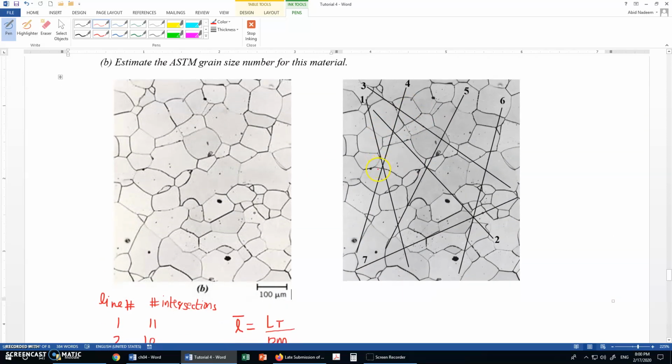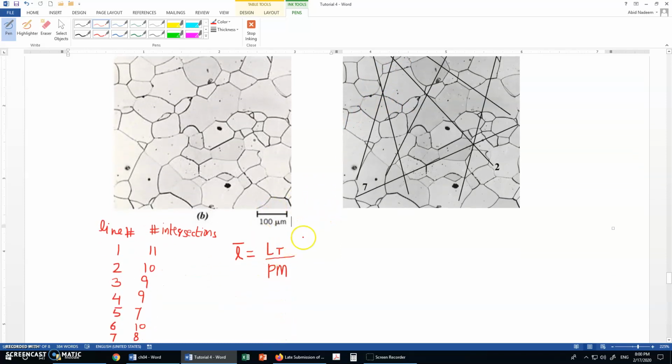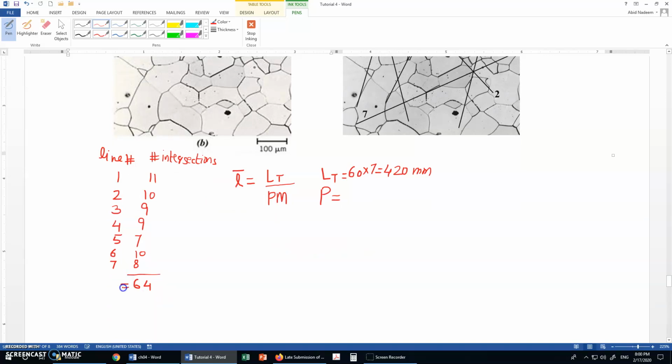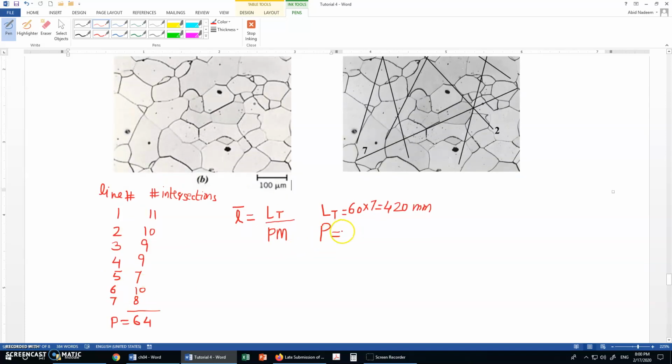It was assumed that each line was 60 millimeter. There are 7 lines, so the total line length is 420 millimeter. P is the total number of boundary intersections, and here we have 64.